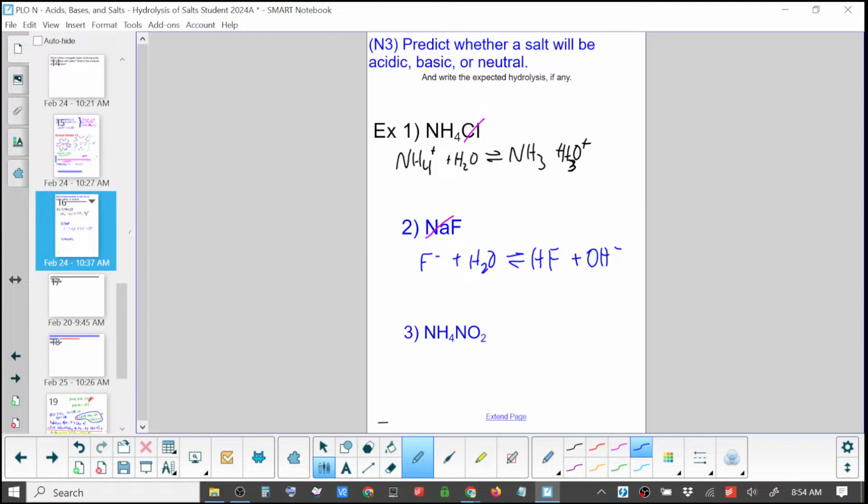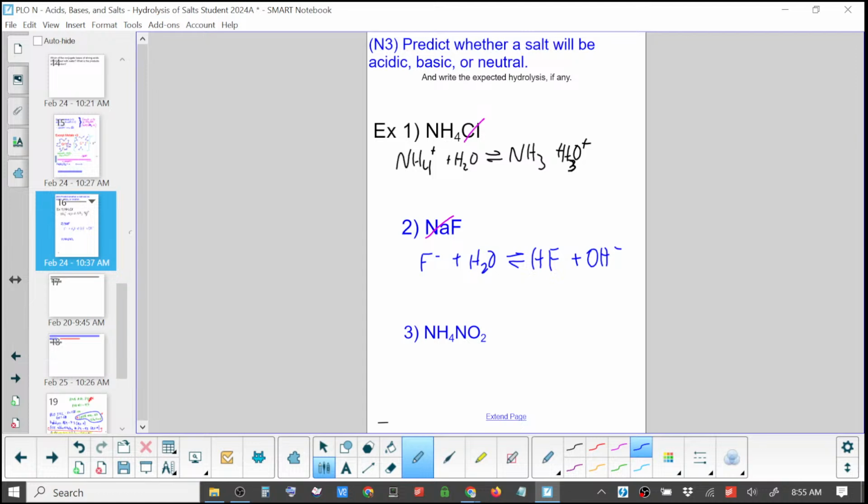I don't know which one's a KA and which one's a KB. These two will cancel, right? Label what they are. These two will cancel, but your charges are wrong. NH3 is not negative, it's neutral.